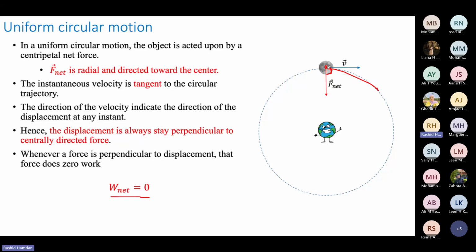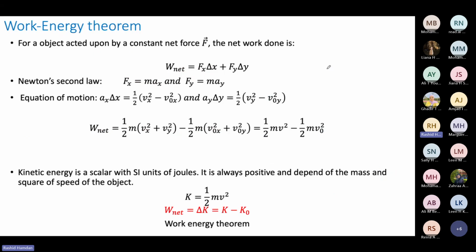Okay, we said the net work tells me if the speed increases or decreases. So I need to know how much it's increasing or decreasing. So I need to write a mathematical equation that relates the change of speed to the work done on the object, the net work done on the object. I do that using Newton's law.